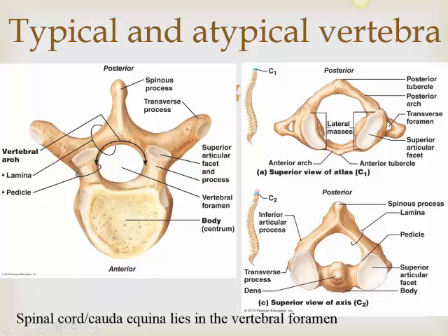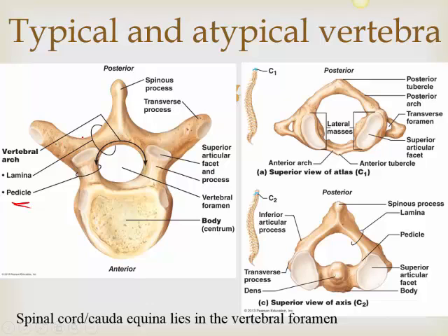On either side, like 2 arms going out horizontally, are these processes which are called the transverse processes. So here we have the 2 transverse processes. Now connecting this vertebral arch with the body is this bar of bone which is known as the pedicle.